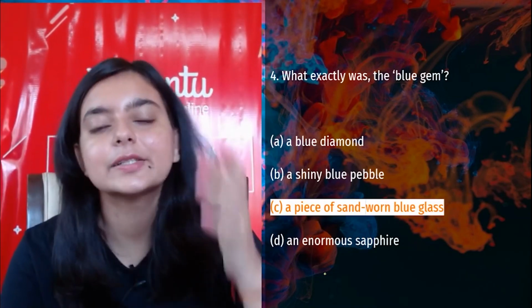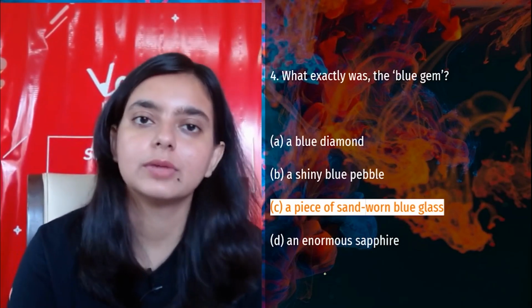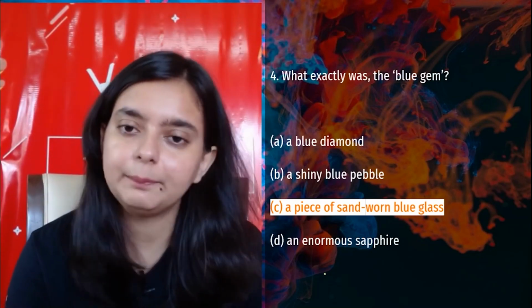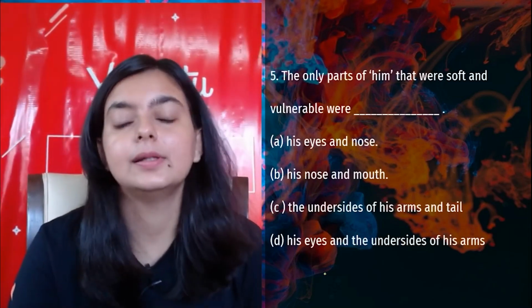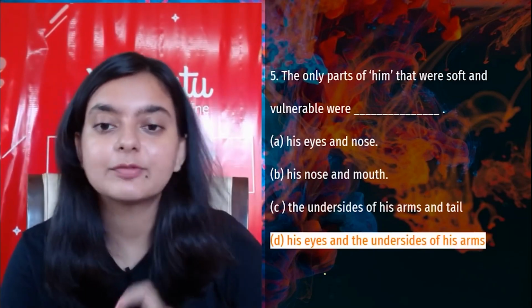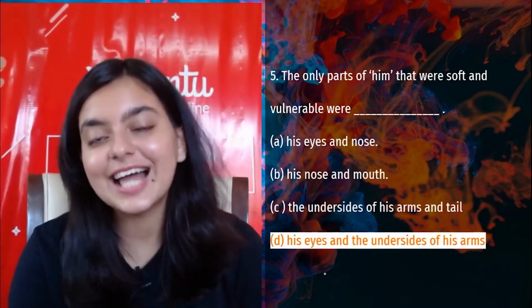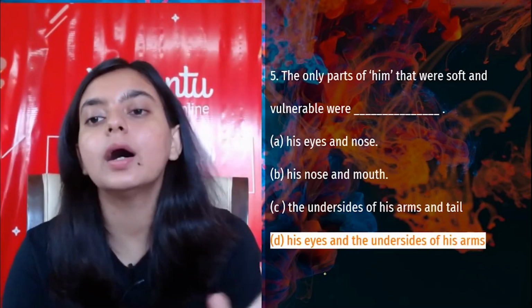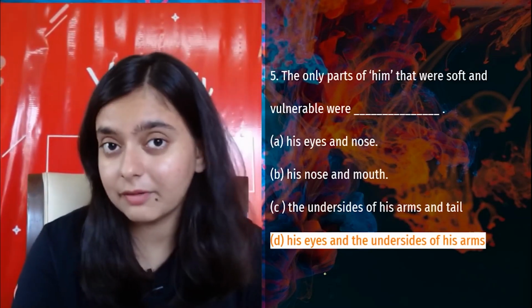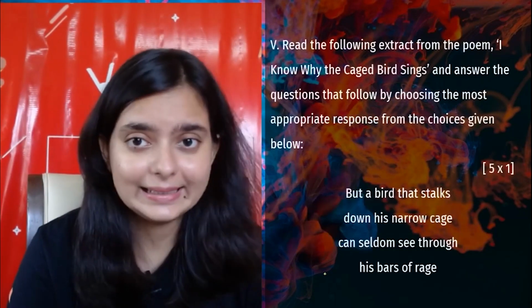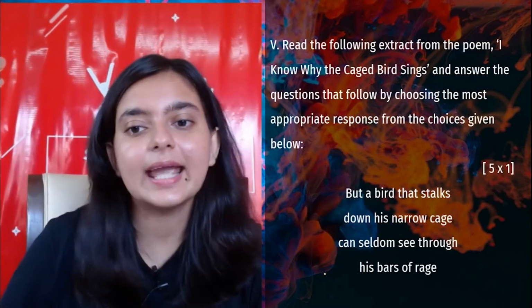Okay, that also I had discussed when I was teaching you the chapter, The Blue Bead. The only parts of him that were soft and vulnerable. Description of the crocodile. Please focus on that. His eyes and undersides of his arms. So these were the only vulnerable parts of the crocodile.